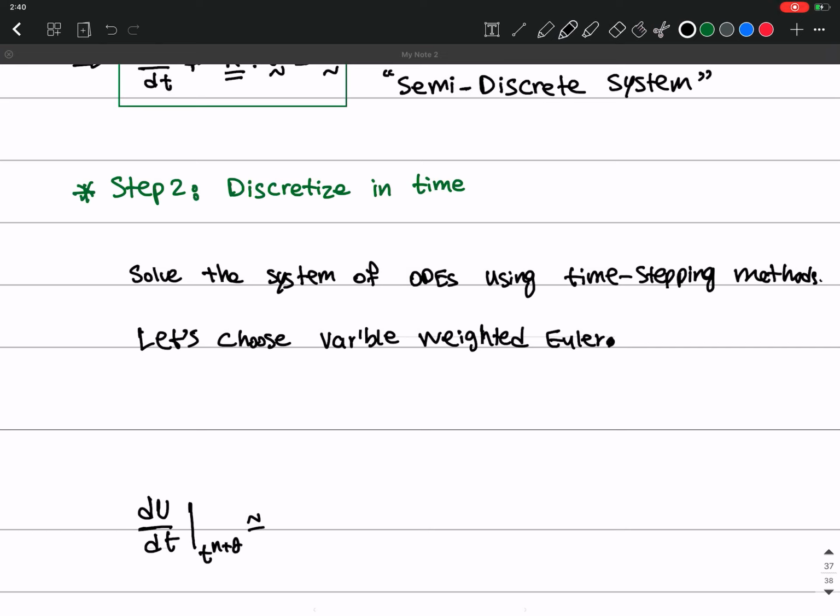This term is not going to be different than Euler. It's similar to Euler, but it's the remaining terms that might be different. So you're going to have U n plus 1.